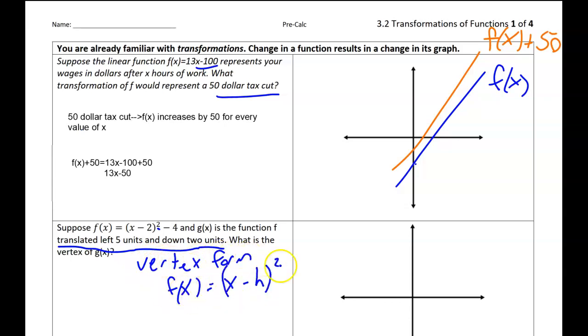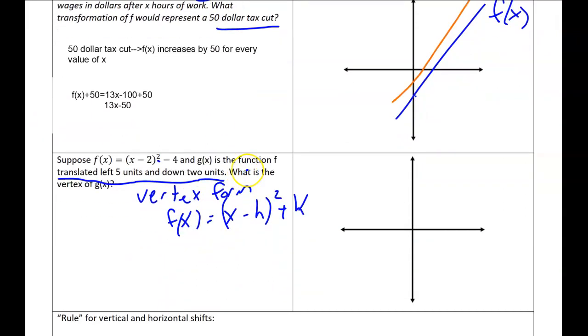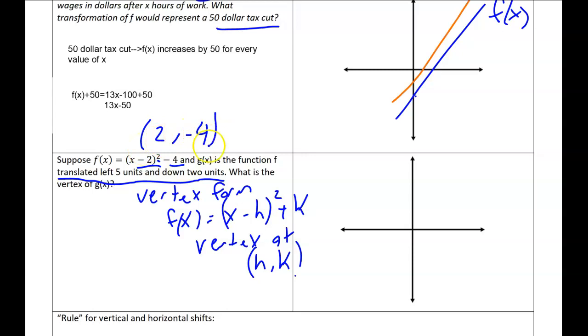Writing parabolas this way means it has its vertex, its top or its bottom, at the point h comma k. And this is kind of familiar from our work on circles too. So h comma k, in this case, we have 2, negative 4. So my vertex would be positive 2, negative 4. So only my x changes signs.